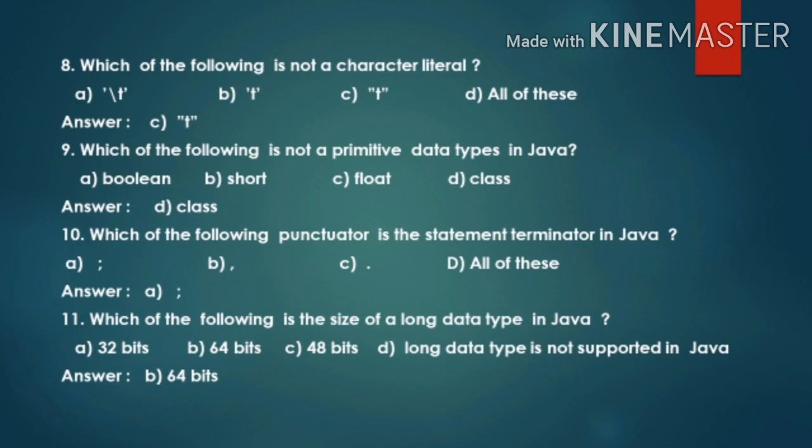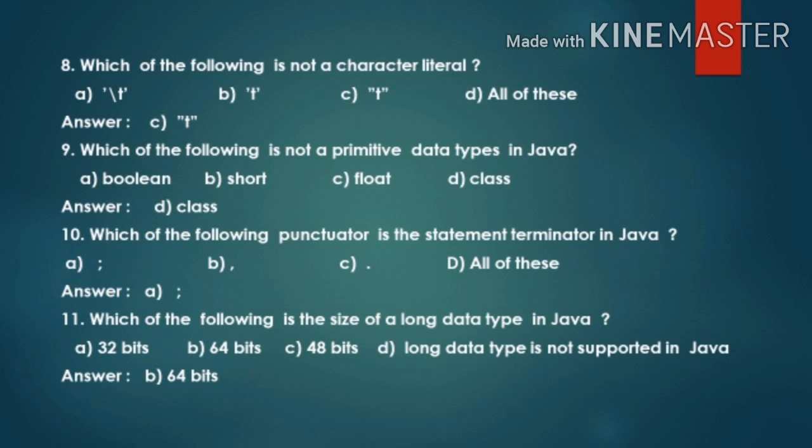The correct answer is option C. T within double quotes. Question number 9. Which of the following is not a primitive data type in Java? The options are A. Boolean, B. short, C. float, D. class. The correct answer is D. class.